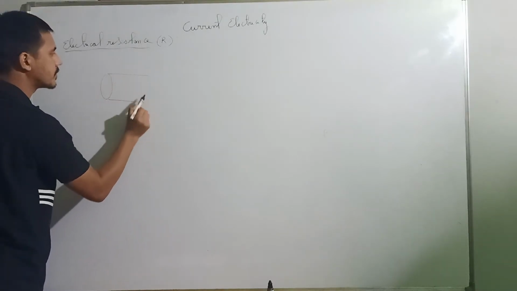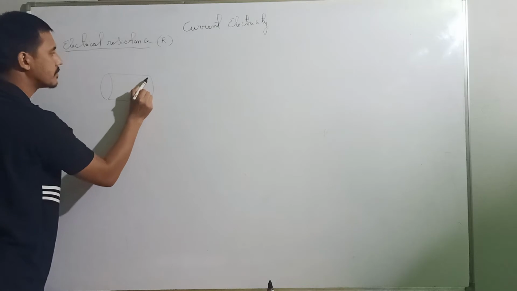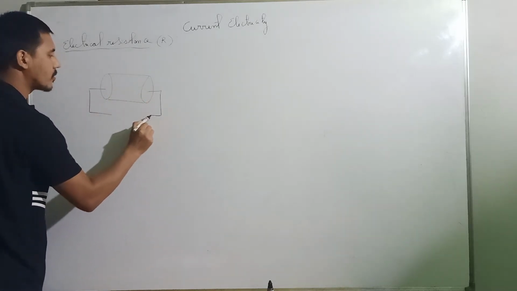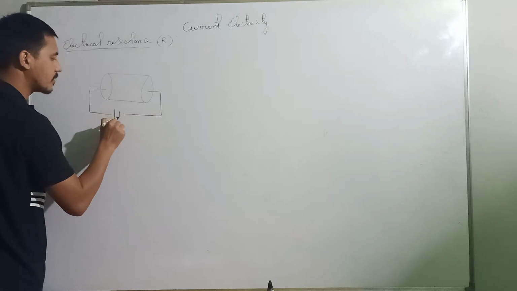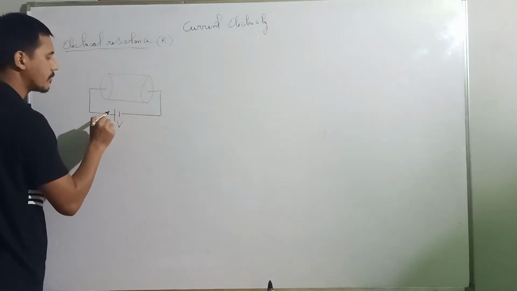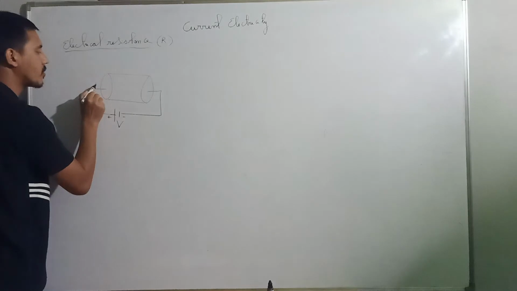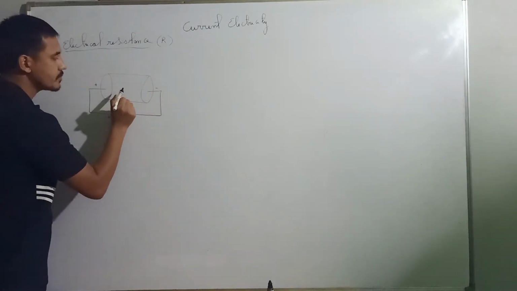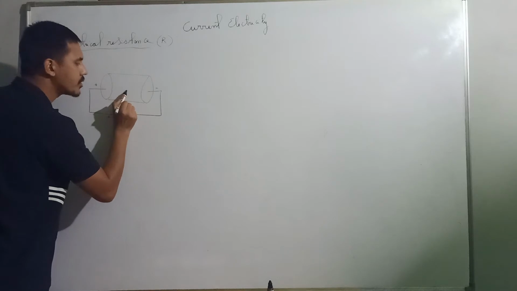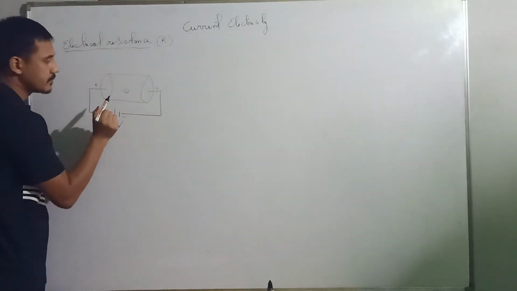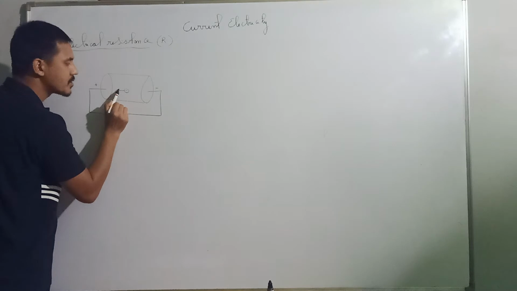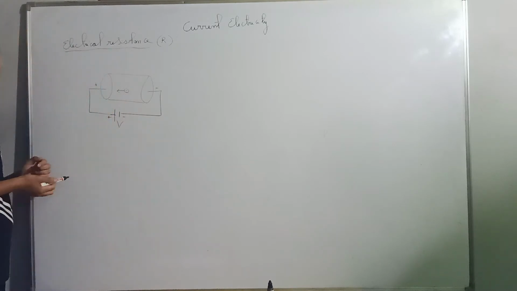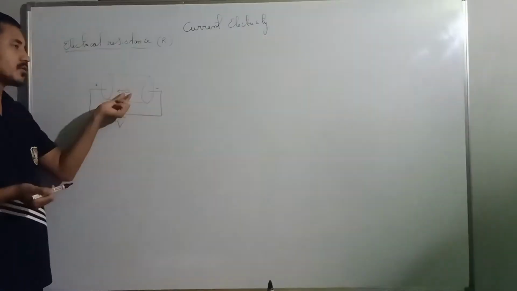Suppose there is a conductor and a potential difference V is applied across the two ends of the conductor. Now what happens? The free electrons of the conductor get drifted towards the positive end of the conductor.